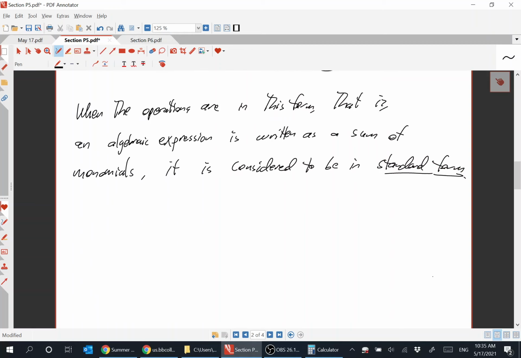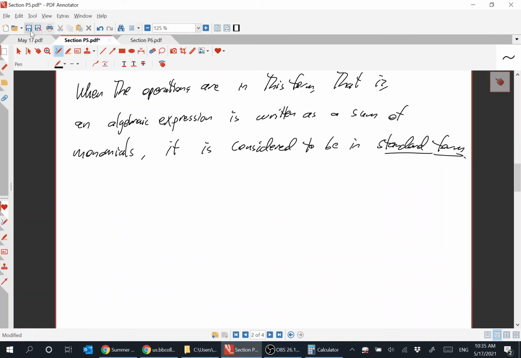That's the standard form for an algebraic expression. Sometimes people will call it simplified form. It doesn't really make sense. The standard form, I mean, what does simplified really mean?